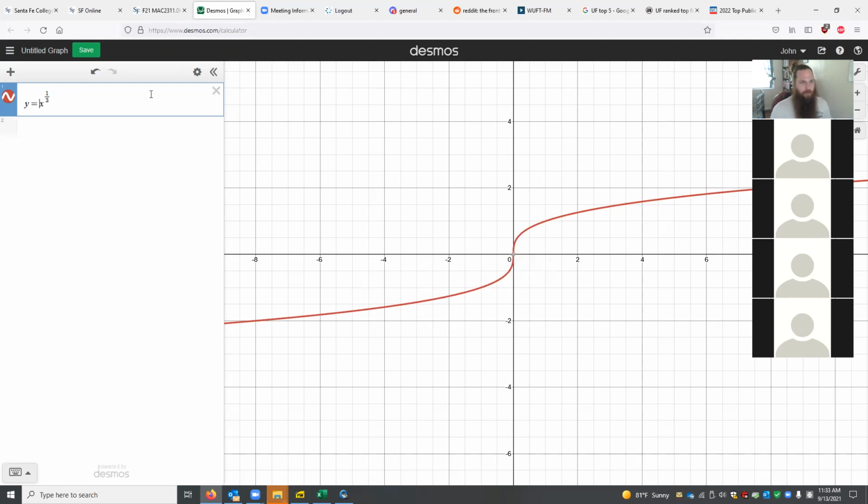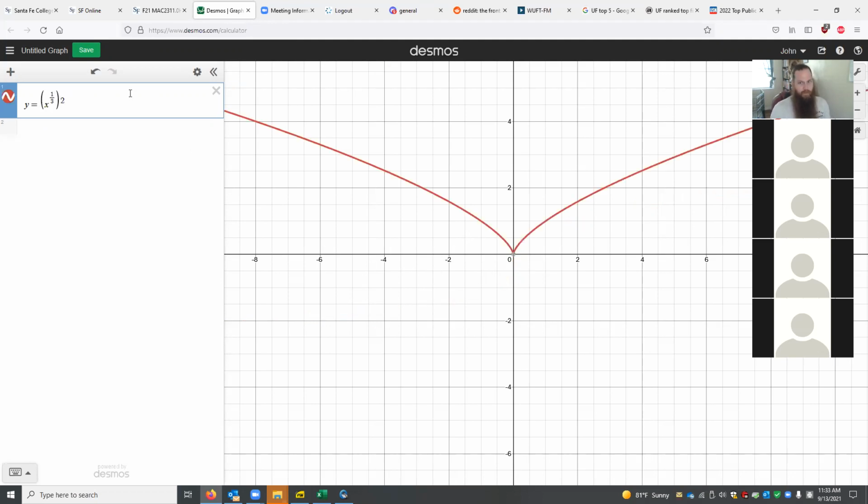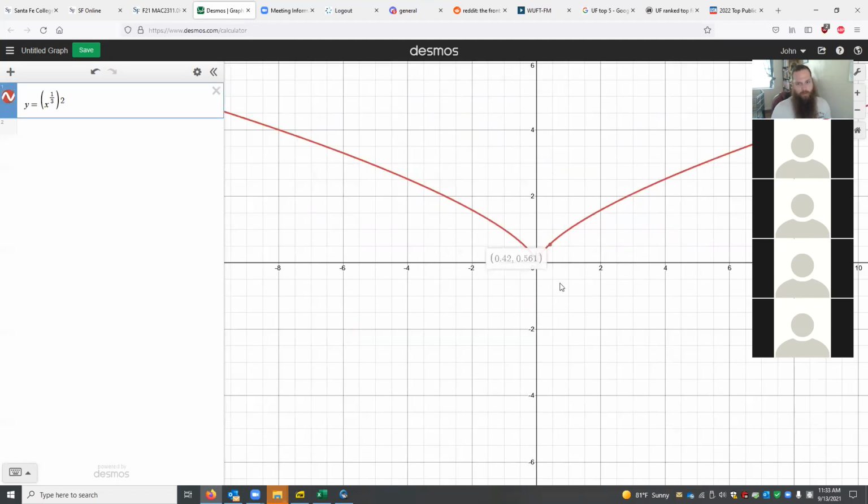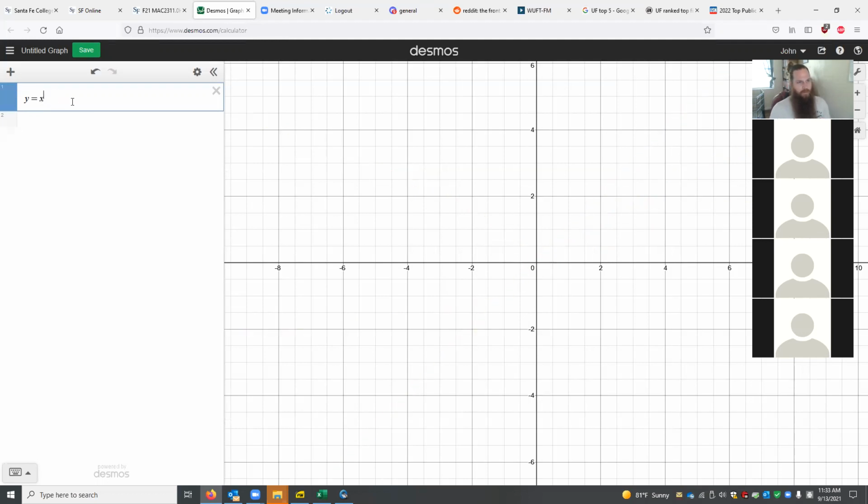One way you can do that is by squaring everything. So here's a pointy cusp, right, coming from the 2/3 power. This is the same, of course, as x to the 2/3, right? Just algebra.